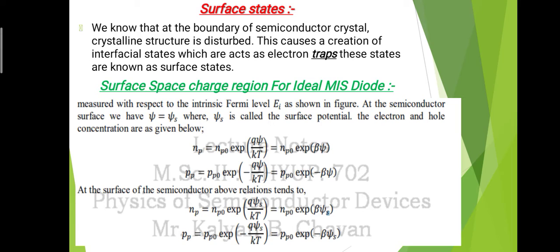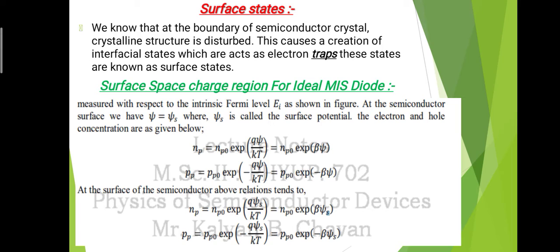That means if we consider an amorphous crystal, the arrangement is irregular. A polycrystalline material is the same, the arrangement is irregular. That means there is a disturbance in the arrangement at the boundary. Suppose here we take the semiconductor crystal. In a semiconductor crystal the condition is the same.